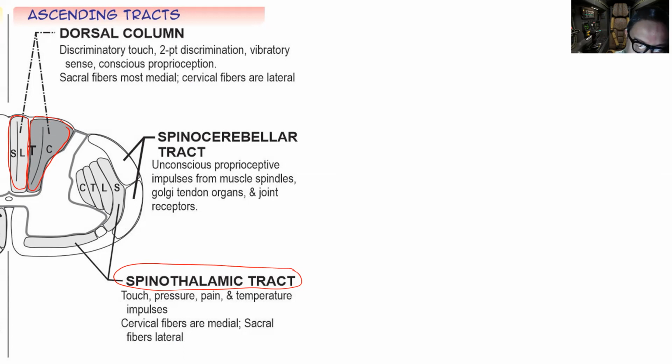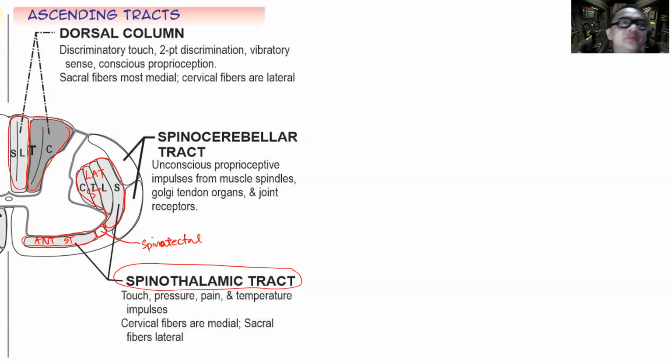This is your anterior spinothalamic tract. This part here, which is quite big actually, is your lateral spinothalamic tract. And this small thing here is your spinotectal tract.